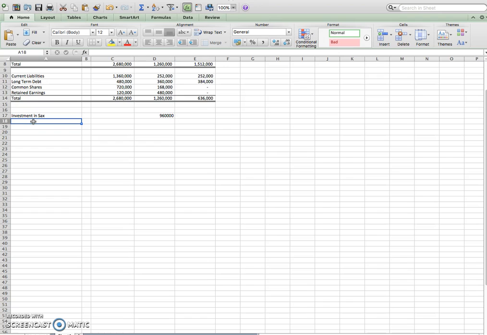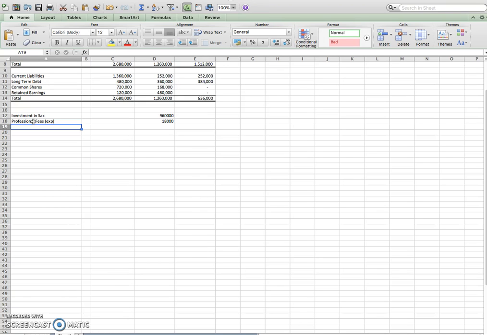We were also told in the last paragraph that they had some sort of professional fees for drawing up the agreement of $18,000. So professional fees, and this will be an expense, I'm just going to jot that right there, of $18,000.